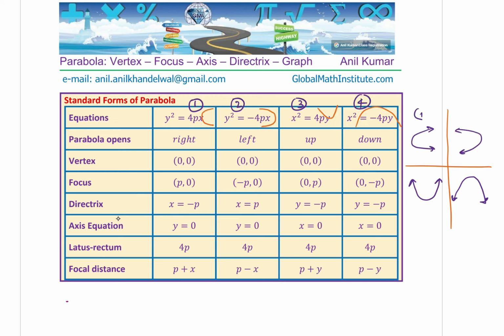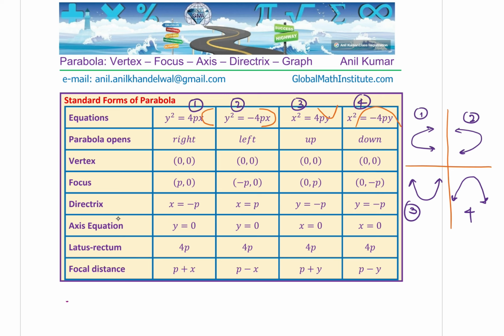So that is your 1, this is 2, this is 3, and this is 4. Now in each case, we have a table here which gives you the value of the focus, the equation of the directrix, the axis equation, the length of the latus rectum, and the focal distance. So this table helps you summarize all these parameters.